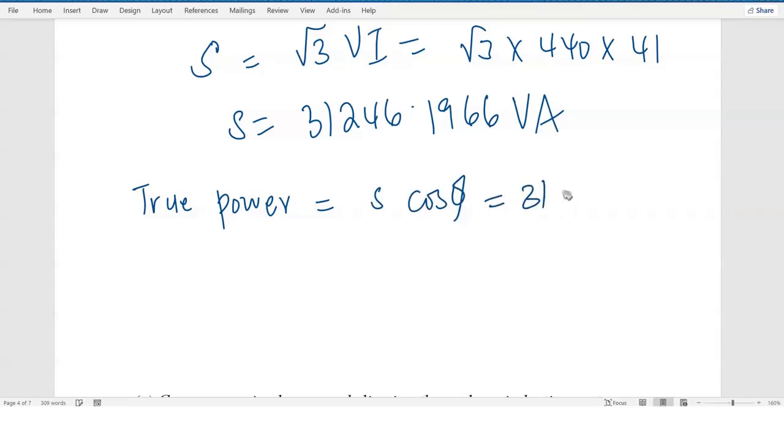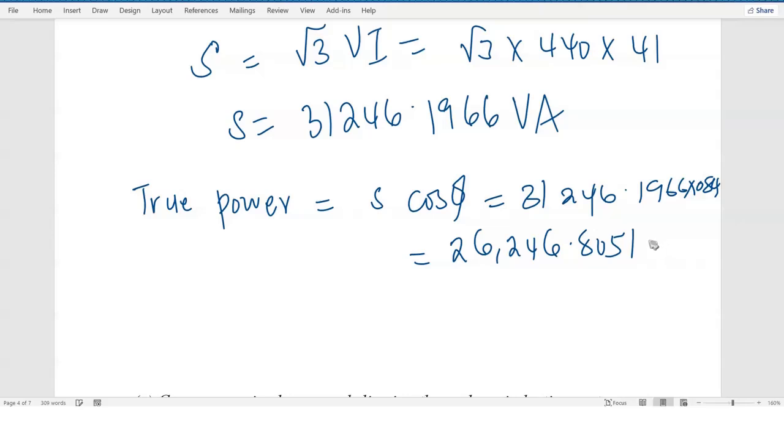And this is 31,246.1966 times 0.84. So if I multiply by 0.84, I get 26,246.8051, and this is in watts.